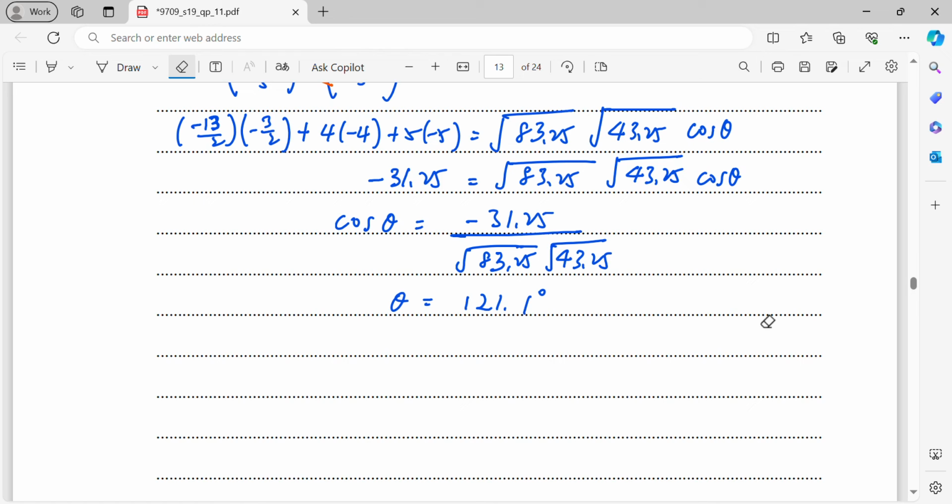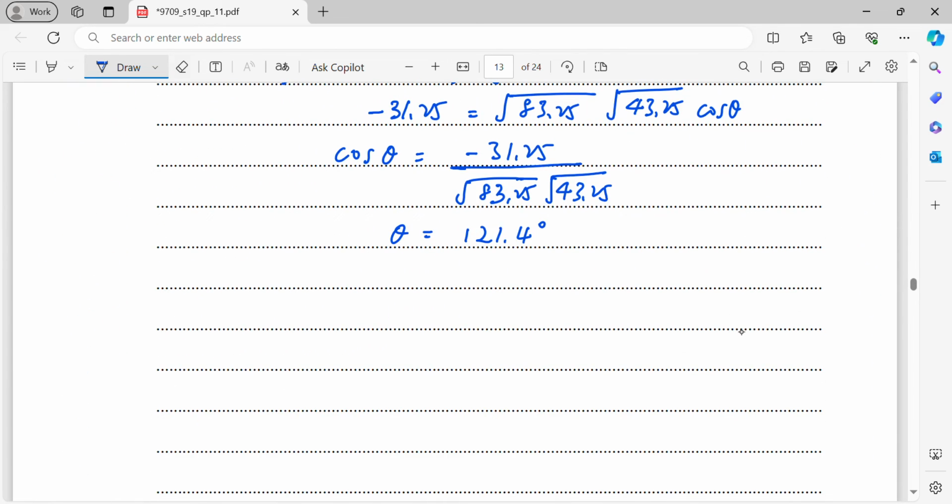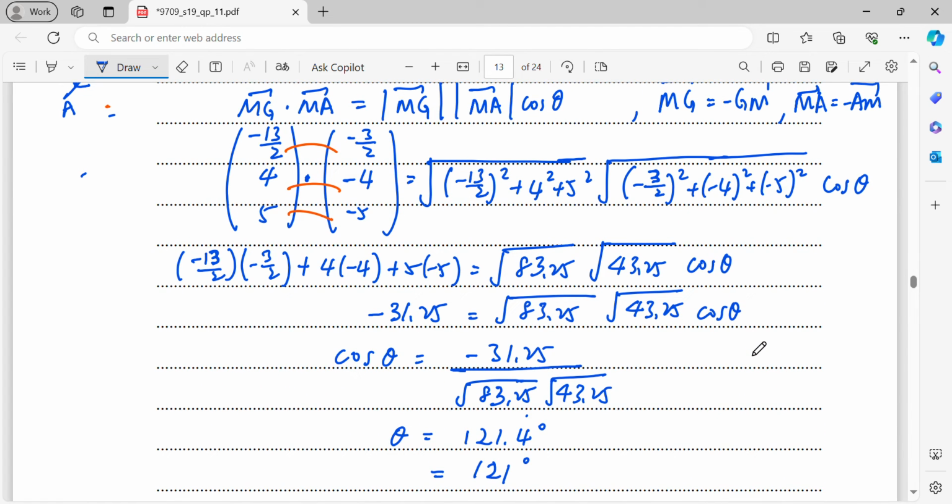But when you read the question carefully, it mentions nearest degree, which means you shouldn't have decimals. Since this is only 4, I will just ignore the 4. At last, you are getting 121 degrees. That is the angle in the question.